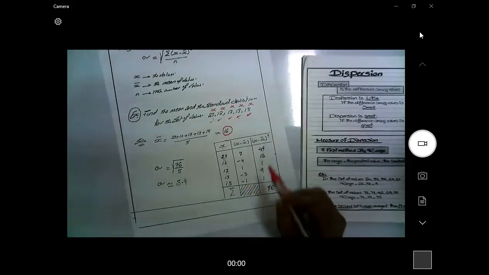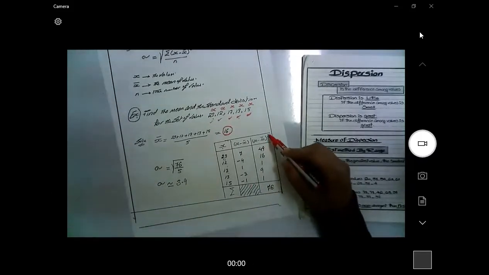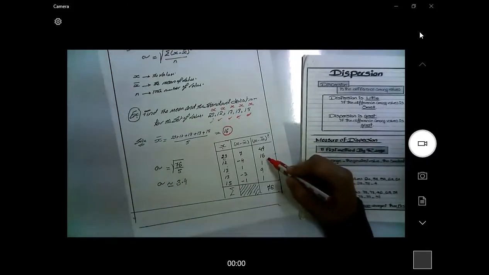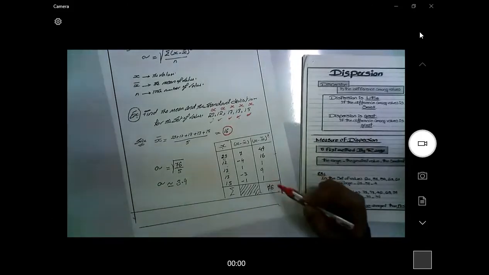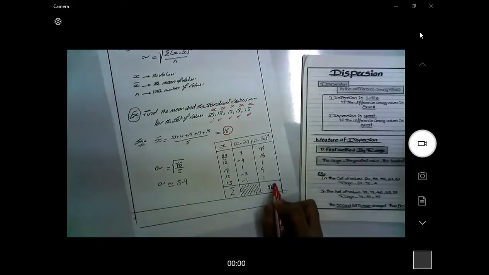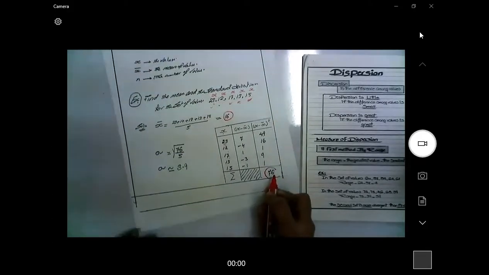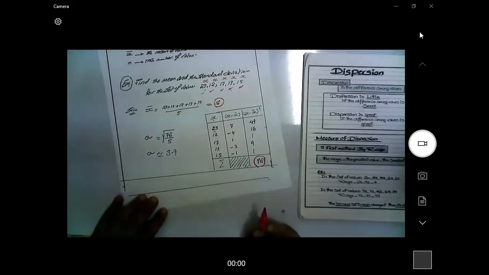Negative 1 squared is 1. This is the x minus x dash all power 2 column. Then we start the summation: 49 plus 16 plus 1 plus 9 plus 1. The summation of x minus x dash all power 2 is 76.